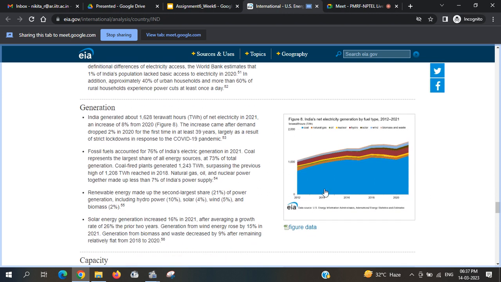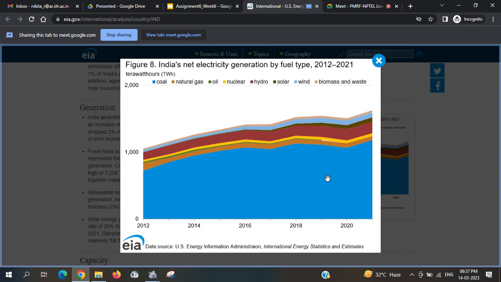Then electricity also. So this is a very important graphic. It actually shows where our electricity comes from. You can see from this graphic that a large portion of our electricity still comes from coal.